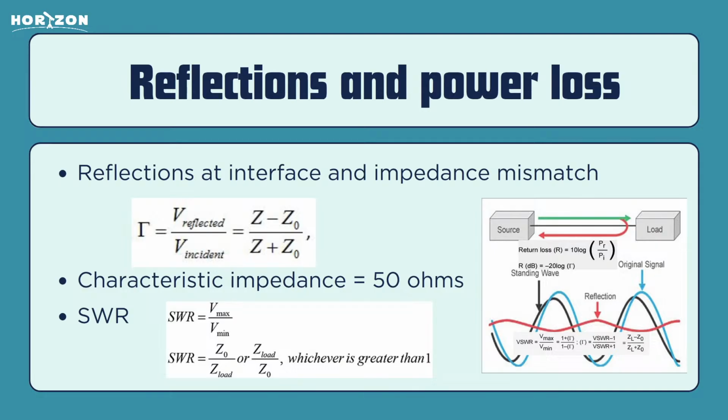It's the ratio, as is shown on screen, of the maximum to the minimum voltage, and an SWR of 1 means that there is no loss of power, while a higher ratio indicates a higher loss of power.